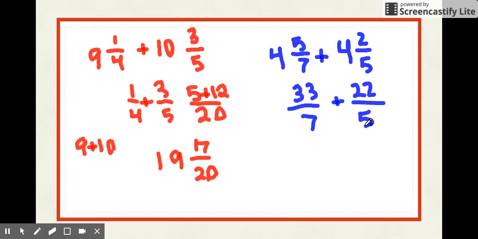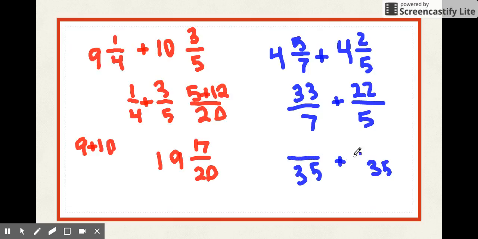Okay, I'm not going to use a shortcut on this just because the numerators are really big numbers and that seems like a pain. But you could. I'm going to go ahead and do the old way just so we don't forget about it. So the least common multiple for 7 and 5 would be 35. These are going to be really big numbers. It's asking you to add.